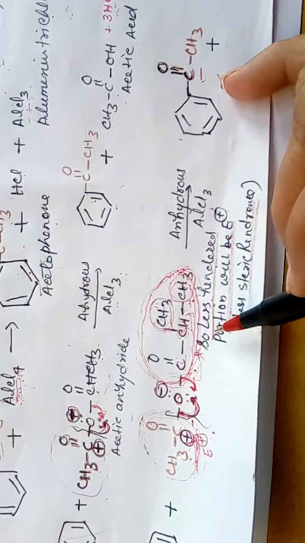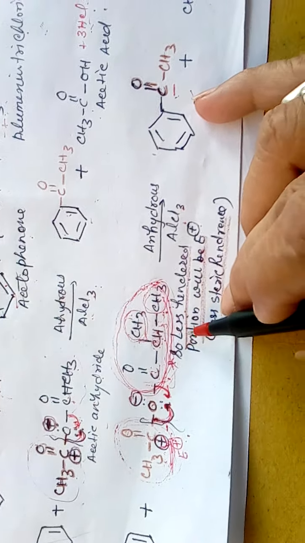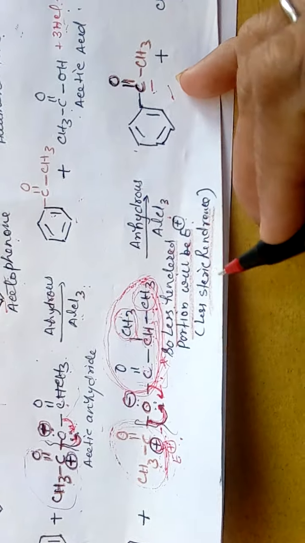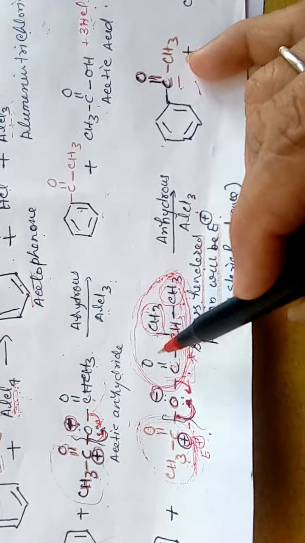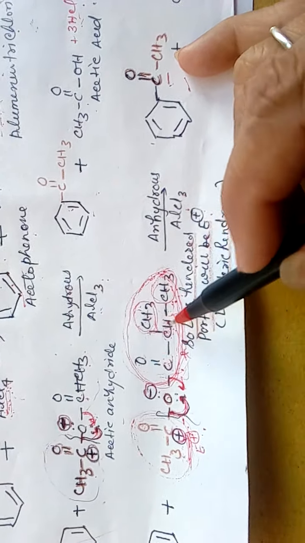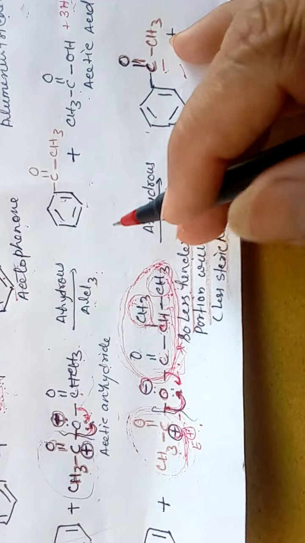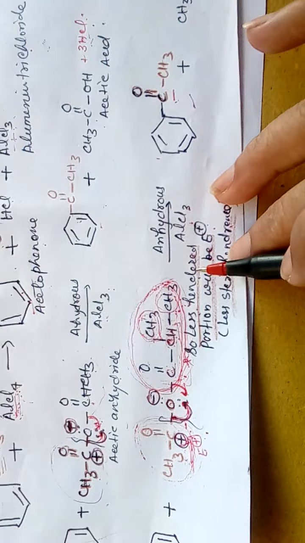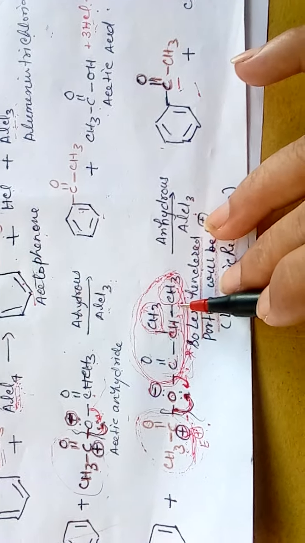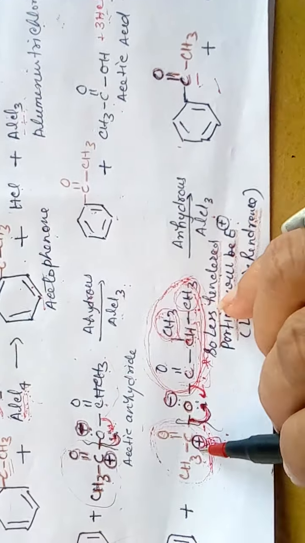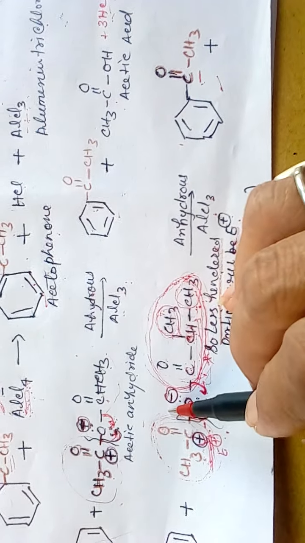So in this molecule we say the less hindered portion will be the electrophile, with less steric hindrance. In this portion, C double bond O and CH and CH3, 2 methyl groups are present, so this portion is very hindered, has more steric hindrance, and this portion has less steric hindrance.